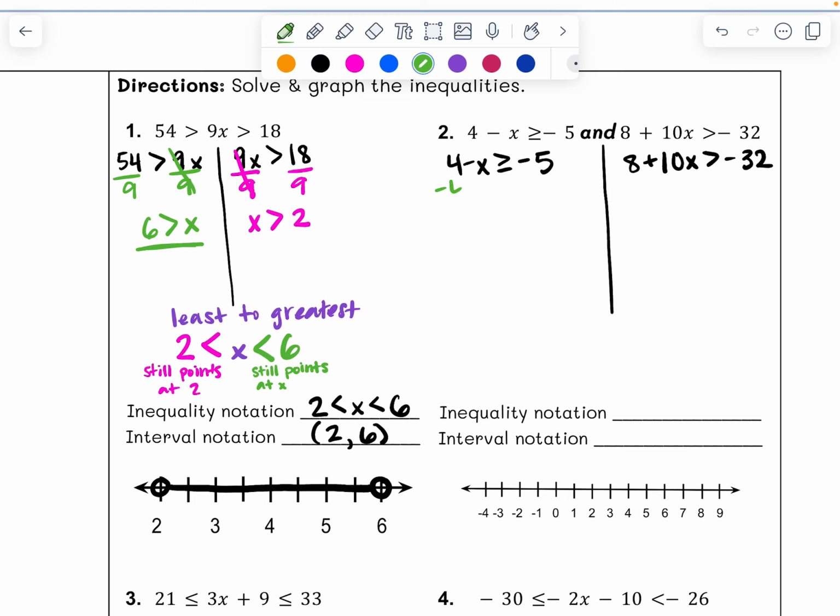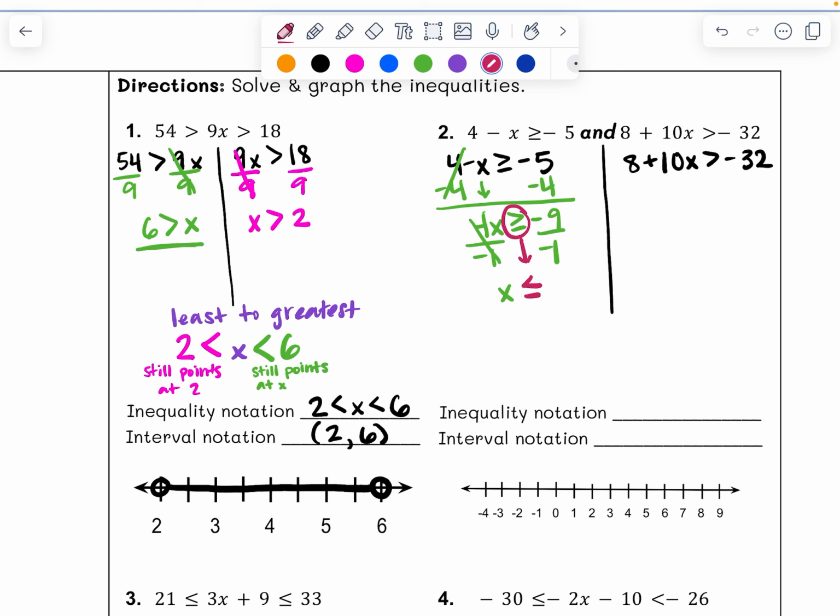So I would subtract 4, bring down -x is greater than or equal to -9. Remember there's a 1 here, so I would divide by -1. And I divided by a negative number, I have to flip the sign.